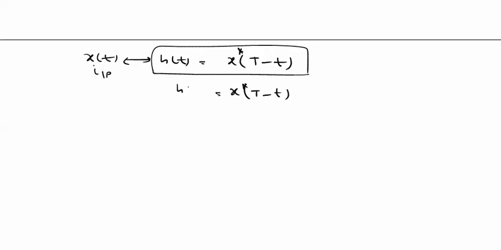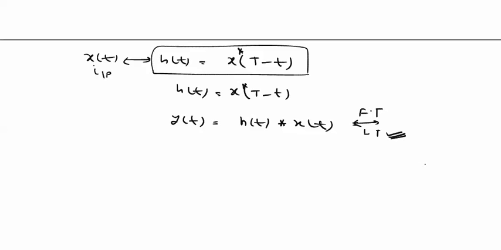The result will be this. Second is y(t). The output of the match filter is the convolution between s(t) and x(t). This is solved by taking the Fourier transform or Laplace transform. This idea is very easy: use the Laplace transform to calculate the output.